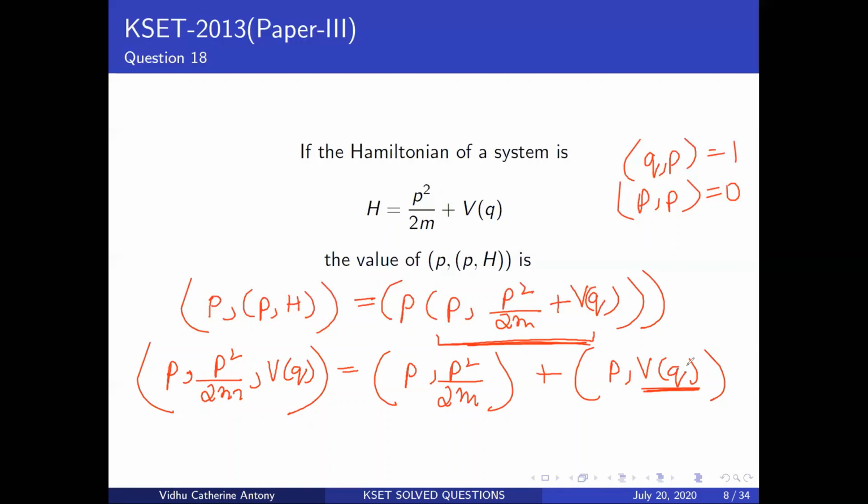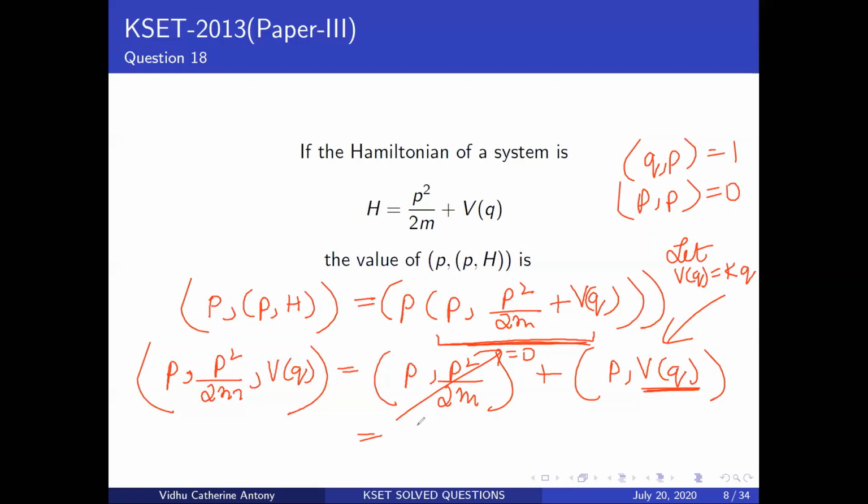It's basically a potential, right? So let me say let V of q be equal to kq, k times q. And this is obviously going to be 0 because I told you {p, p} is going to give me 0. Even if I separate these two out, it's still going to give me 0. So let's just put that as 0 and leave it there.